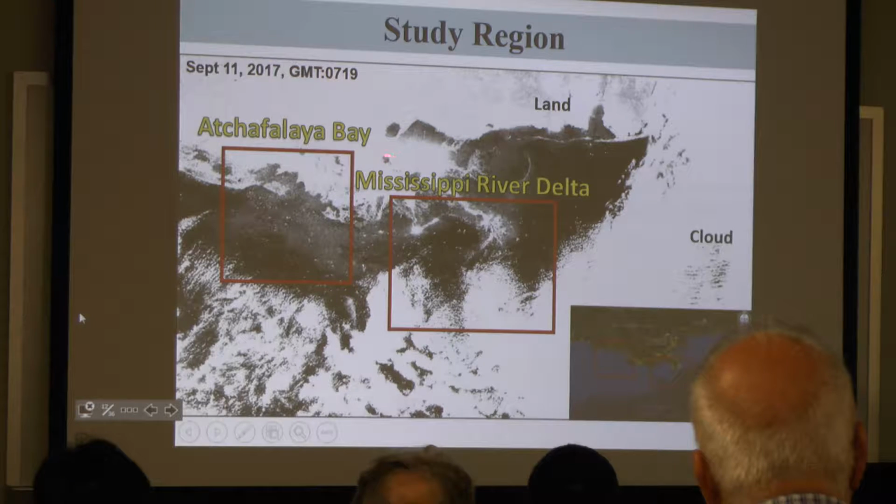The 2 red boxes show Atchafalaya Bay and Mississippi River Delta. The daylight band images with identifiable turbidity patterns will be identified in these 2 regions, and the developed turbidity algorithm will be applied in these 2 regions.